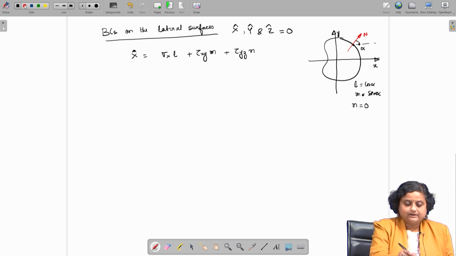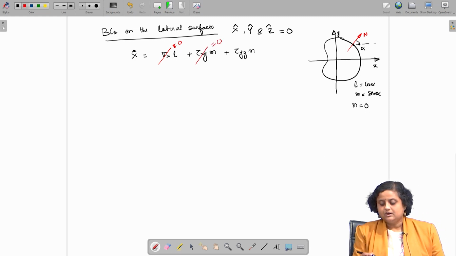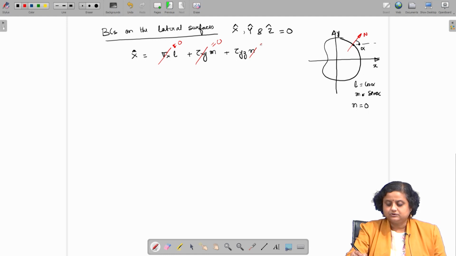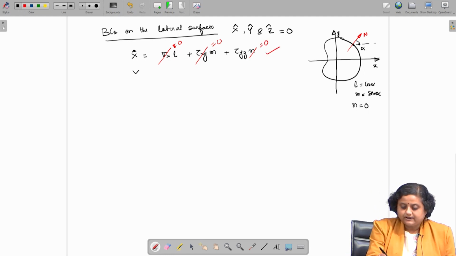Now, let us see whether this condition is satisfied: sigma x is equal to 0, tau x y is equal to 0, and n is equal to 0. So, this is satisfied. Now, let us move on to the next boundary condition.